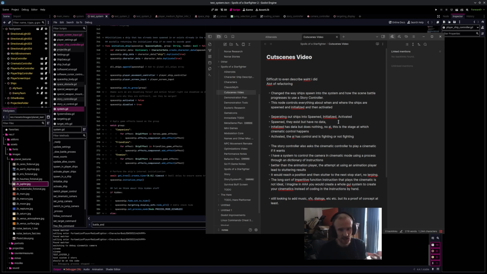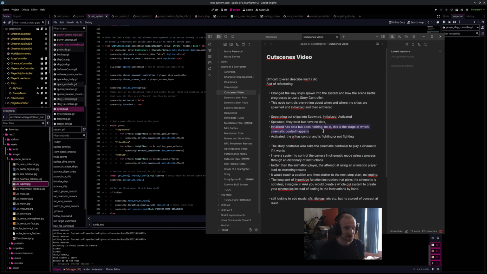Spawned, they exist, but they have no data, and they could be hidden from the player. They're turned off. So this is essentially your object pool. I can keep them hidden and deactivated, and then when I need them, I bring them into the scene. But they will normally be initialized as well, so they have some data, and that's all ready to go.